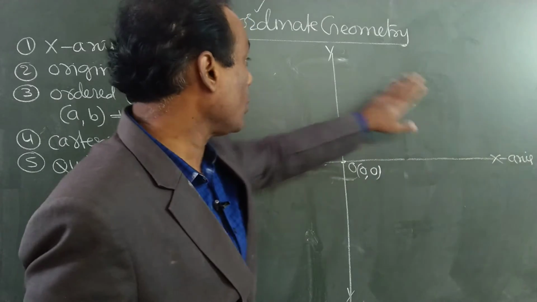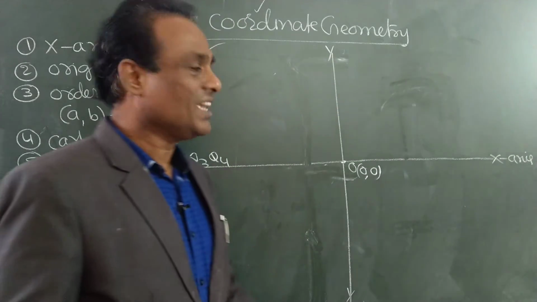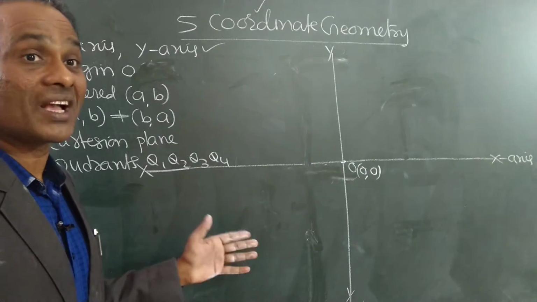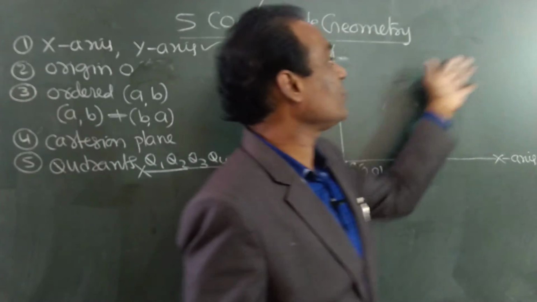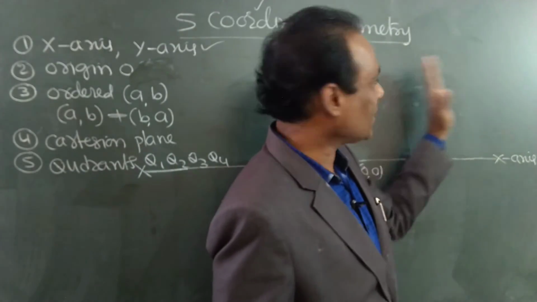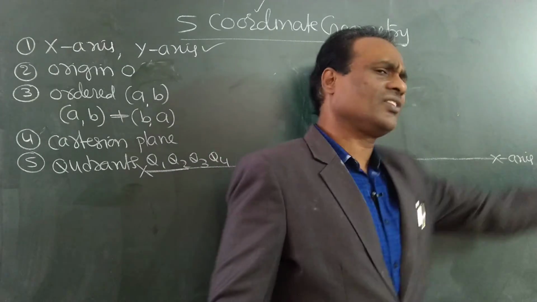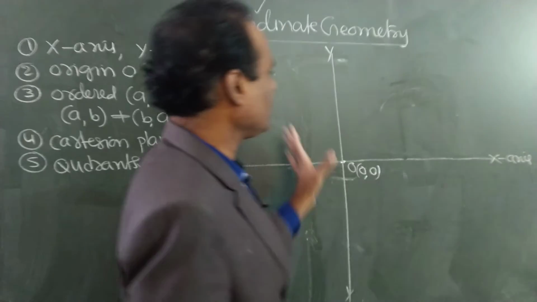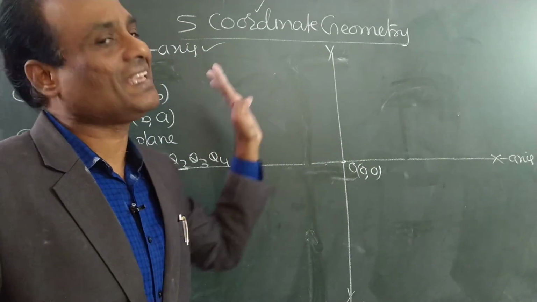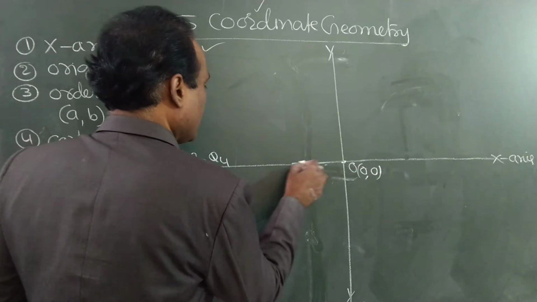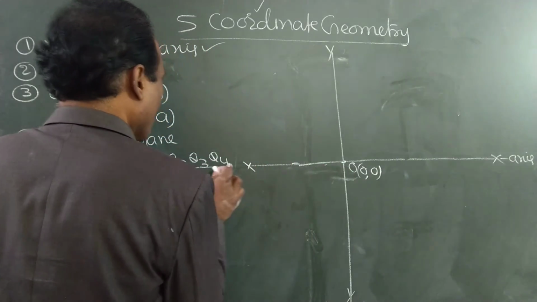Four parts. We can say four equal parts. Even if you draw this side also, we say equal parts, because there is no limit. Your paper may end here, but the plane is limitless, infinity. So like that we say it is four equal parts.